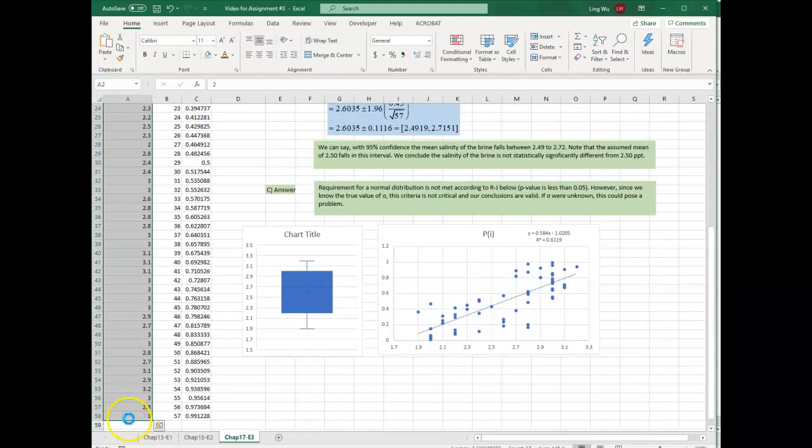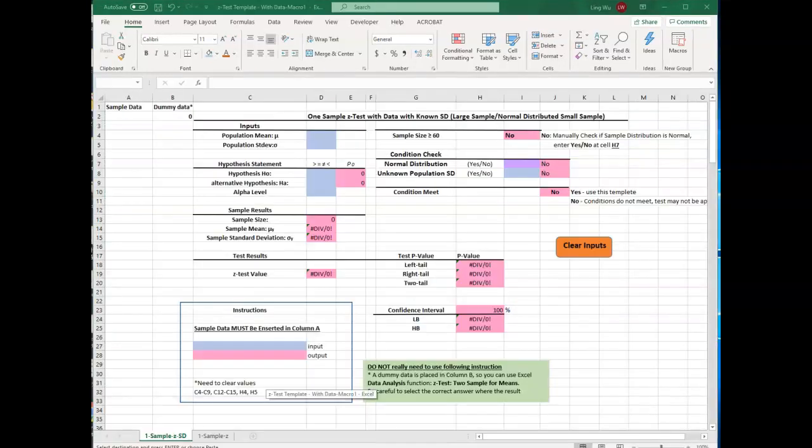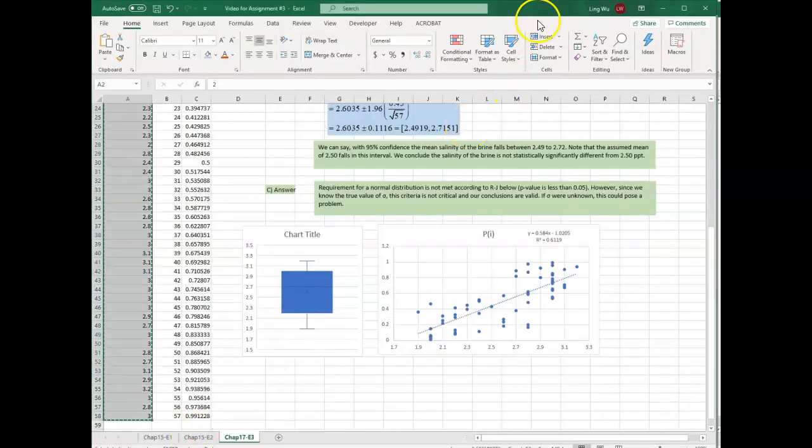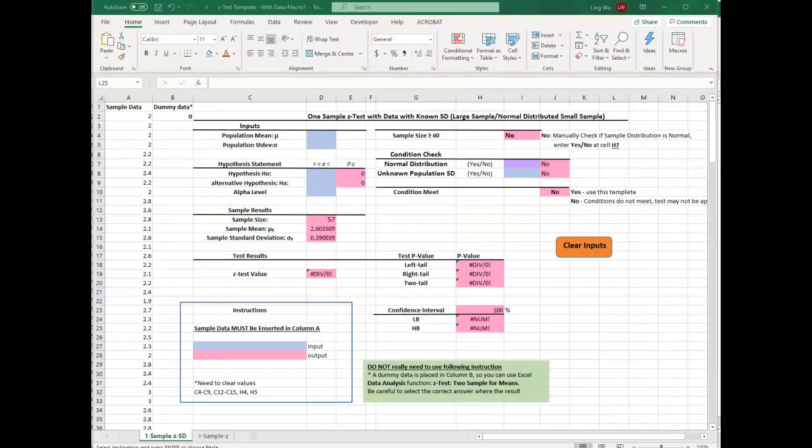So Control C, and then we go to the one sample z-test with data, and I paste my data here. Once I paste the data, you can see some values already shown.